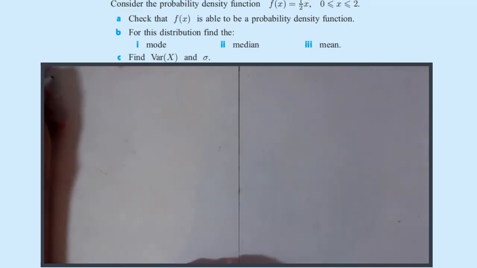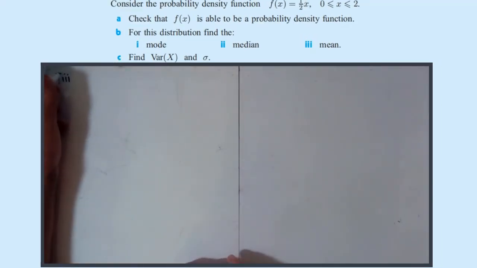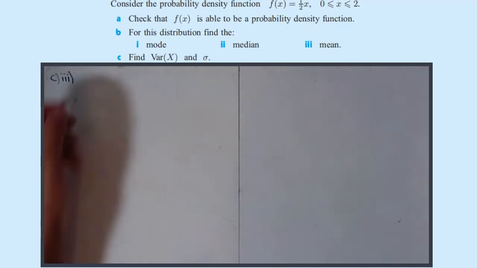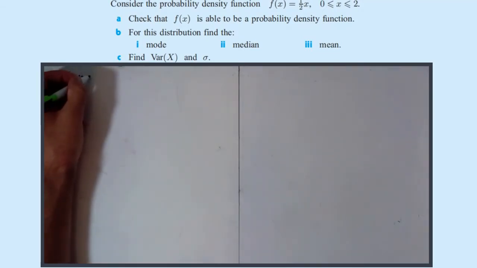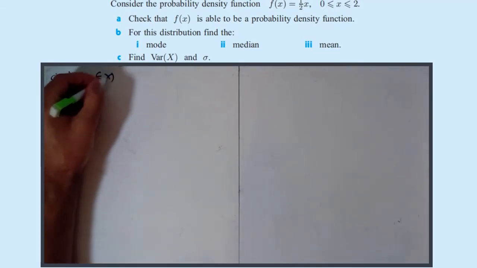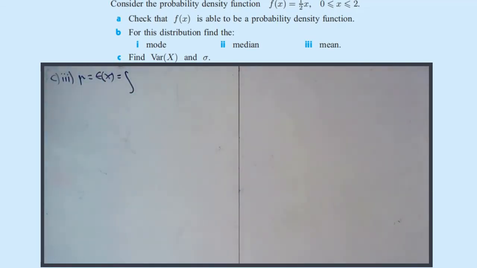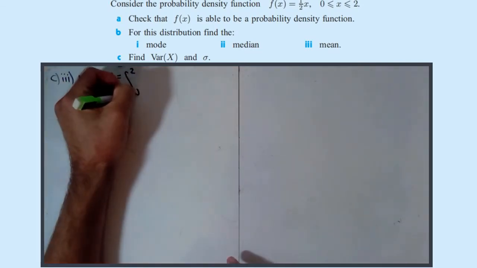It's part C3. We now need the mean, and the mean is the integral, so mean or mu, or even E of x, expected value of x, equals the integral between b and a, and in our case it's between 2 and 0.